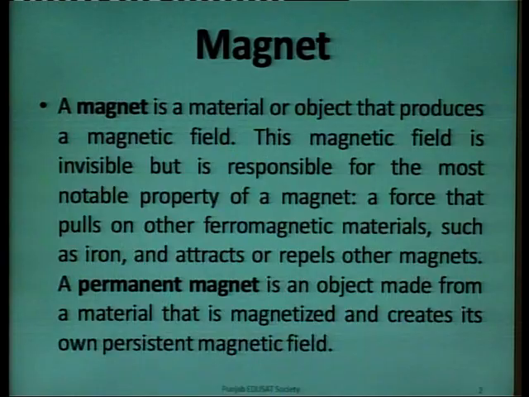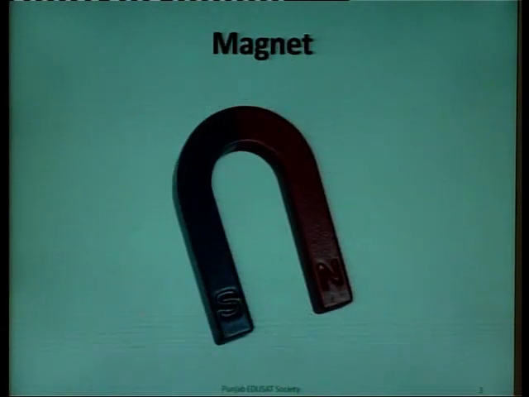So, a permanent magnet is an object made from a material that is magnetized and creates its own persistent magnetic field. So, this is the introduction of the magnet.